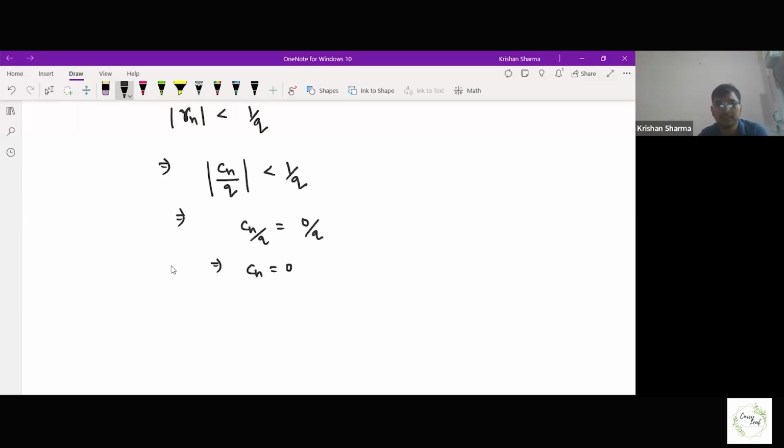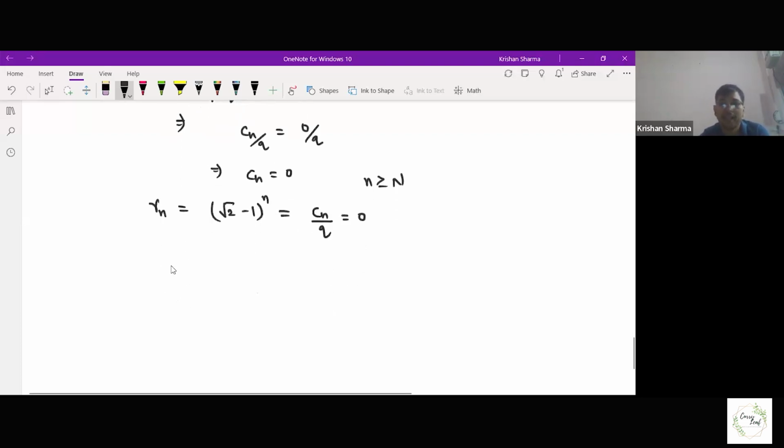So what does that imply? Well, we have Rn, which is (square root 2 minus 1) raised to power n, and basically I'm taking n greater than or equal to N. And that is equal to Cn upon q, which is nothing but 0.